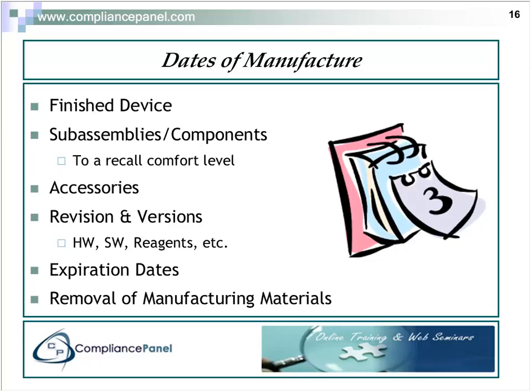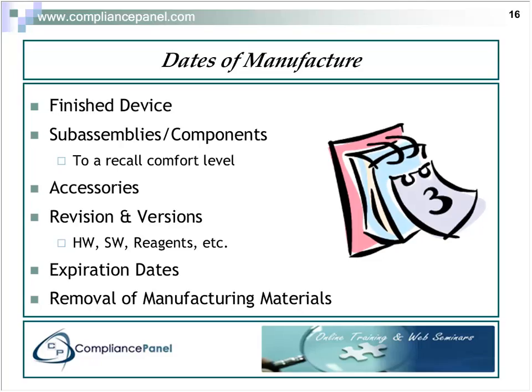It's all up to you. I mean, if you just want to put a label on the finished device and send it out and say, wow, we found that this particular component is failing prematurely and it causes an adverse event, now you have to put your arms around it and you say, where did we put all these?